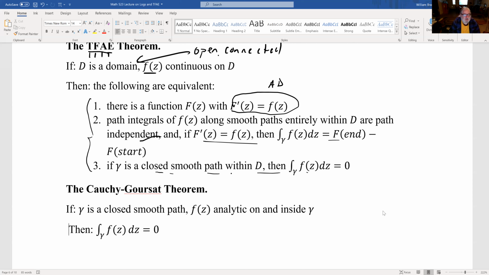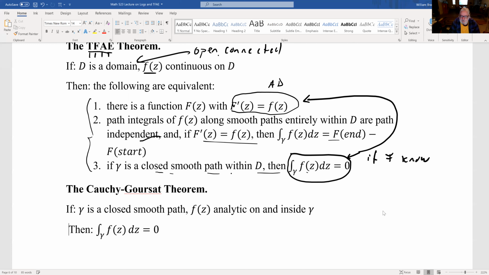They don't have to be, right? If one of them is false, then all of them are false. If one of them is true, then all of them are true. This is a very useful criterion. And note, I can connect these two. If I know f of z has an antiderivative, I know two things.